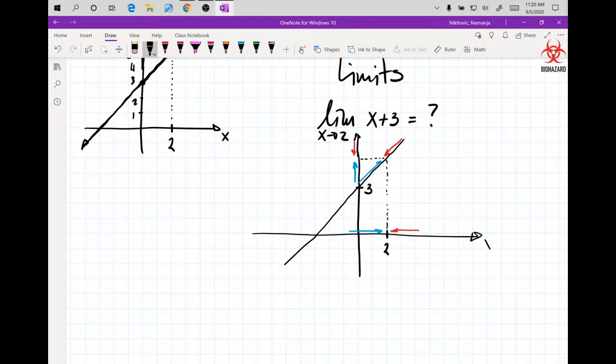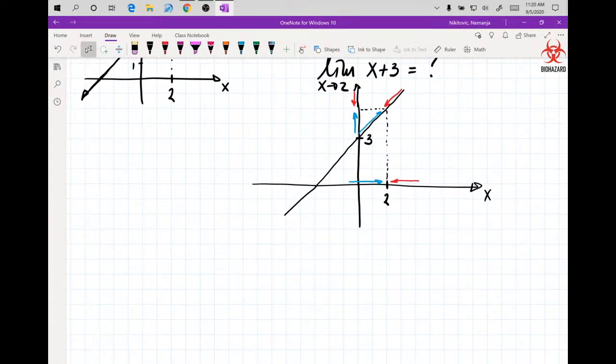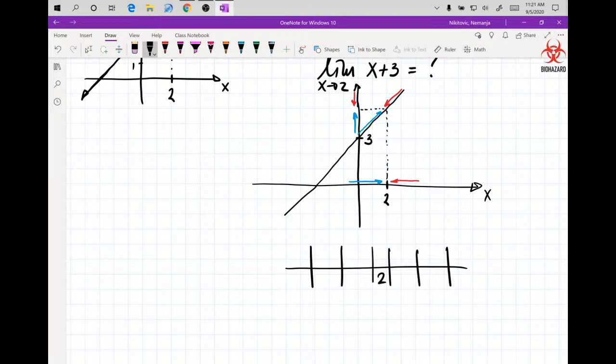So now, what do we do next? We can explore this using the chart. You are approaching 2 from the left and from the right. Now, what are the numbers smaller than 2 that are always getting closer to 2? 1.9, 1.99 is closer, 1.999 is closer still, right?